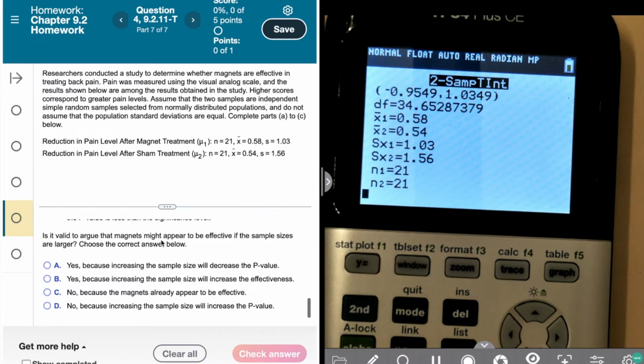Is it a valid argument that magnets might appear to be effective if the sample sizes are larger? No, because the magnets already appear to be defective. That's not true. No, because increasing the sample size will increase the p-value. That's not true.